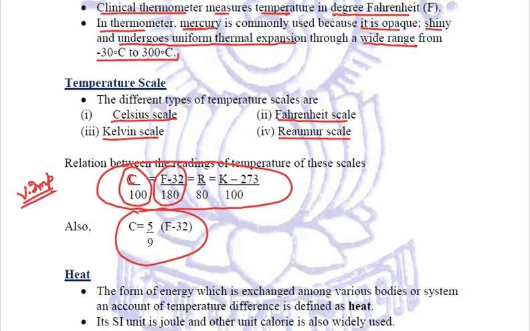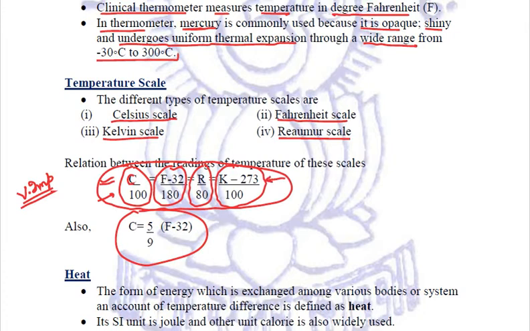When relating Celsius and Reaumur scale, C/100 = R/80. In the Kelvin scale, C/100 = (K - 273)/100.